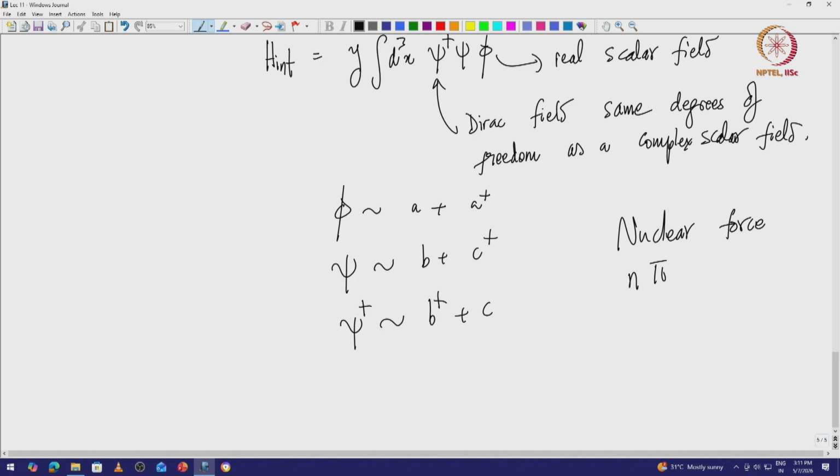Pions are these real scalar fields, and nucleons are protons or neutrons, which are fermions, spin half particles.